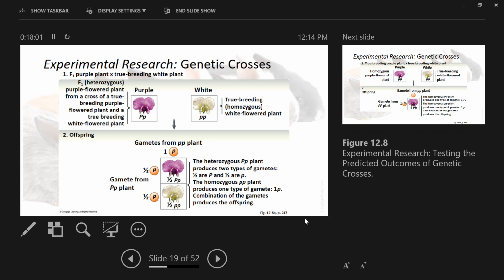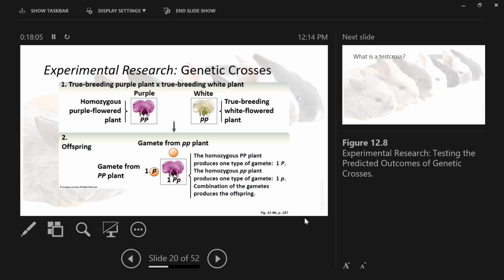And here's what it would look like if that parent were actually homozygous dominant. 100% of the offspring would have the dominant phenotype because this parent can only produce gametes that have the dominant trait. Every combination is going to generate heterozygous offspring, which all have the dominant phenotype.